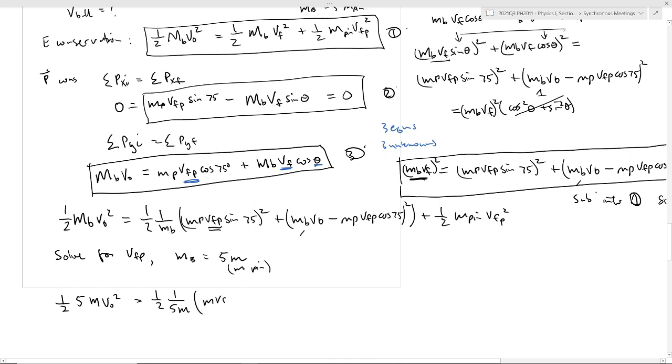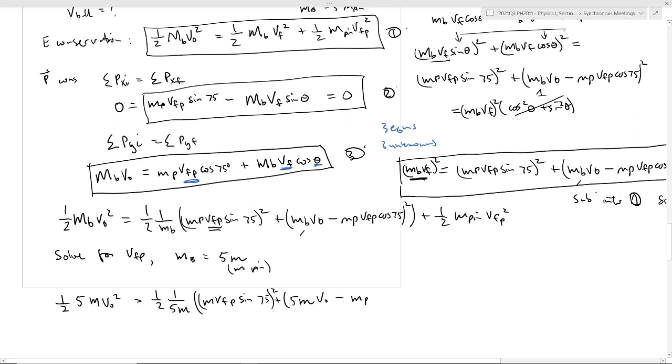And now we have this big thing. M VFP sine 75 plus, and this thing is squared yet, V0, oops, so MB becomes 5M.